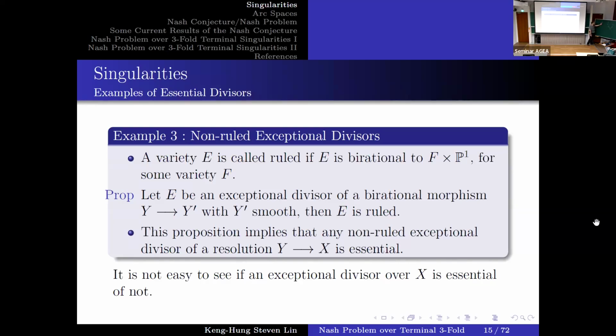It does not appear on Z. Then we can take a common resolution of Y and Z to get a higher model. So this E will also be transported to this higher model, and this E will remain non-ruled, which contradicts this proposition. So it proves that any non-ruled exceptional divisor is essential.